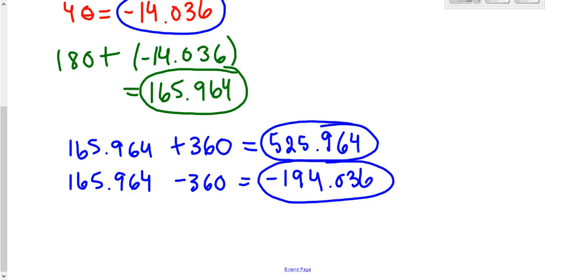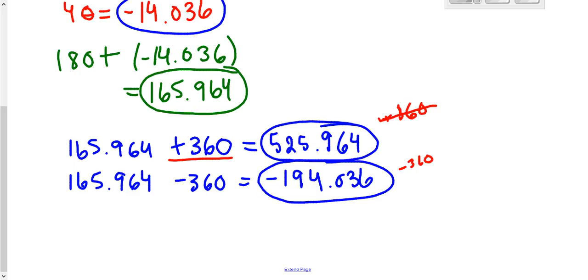And before we move on to negative 14, we need to check for any additional. Since we have such a large interval, we should add 360 again, just to check if that would give us another answer. There's no way. Adding 360 to 525, we'd end up with 800-something, which is over our interval. So that's as far as that line can go. And subtracting 360, can we subtract another one?